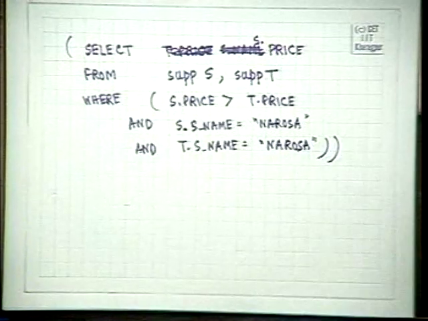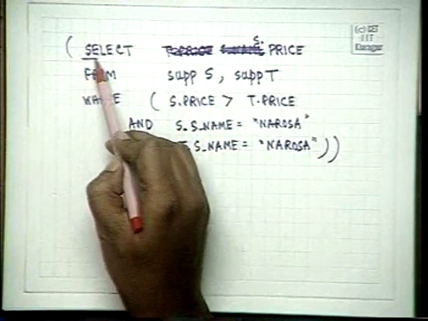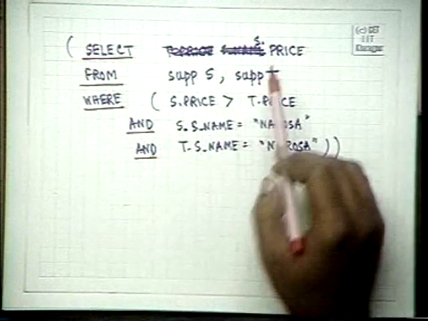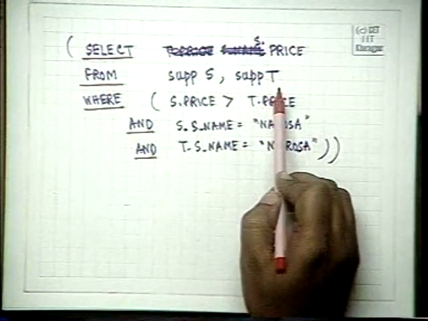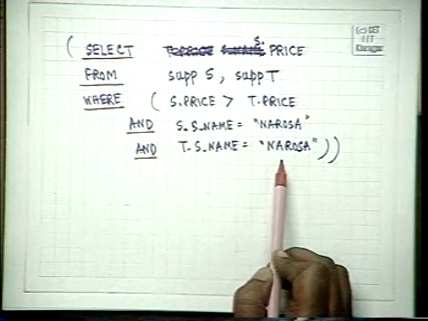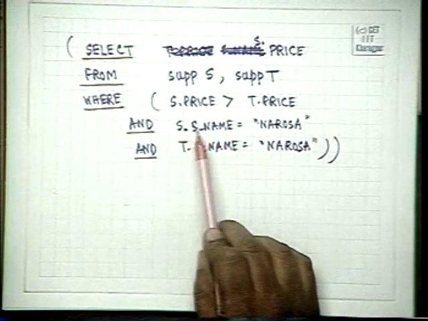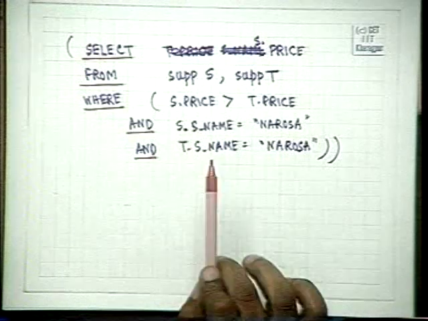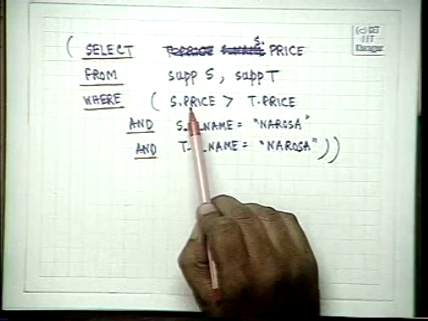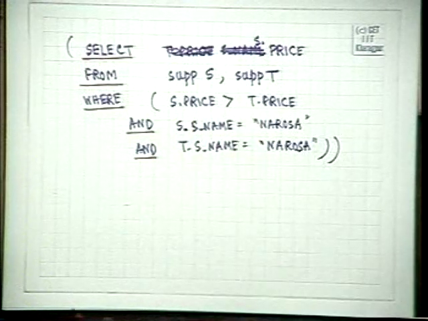Now let us see what this query means. We are trying to select out the largest price of Narosa. S dot price from S and T such that S dot price is greater than T dot price in Narosa. So we are going to check columns where in the Cartesian product both are Narosa. That is fine. Now, and S dot price is greater than T dot price.